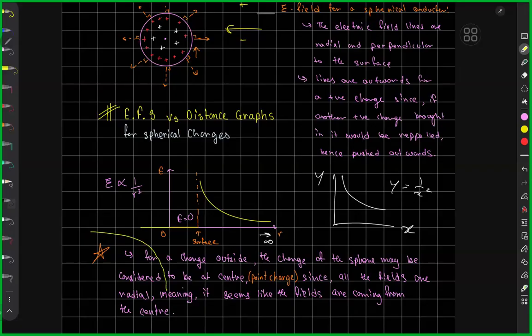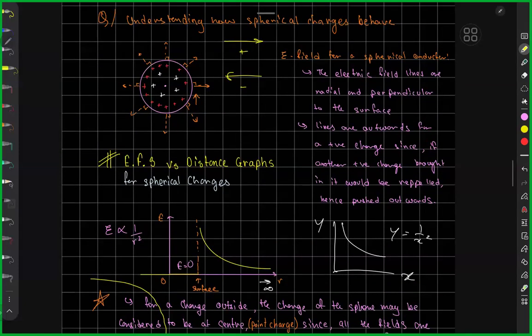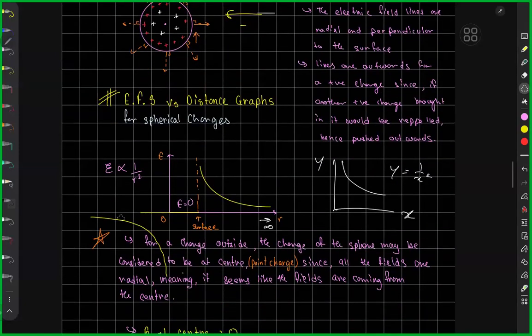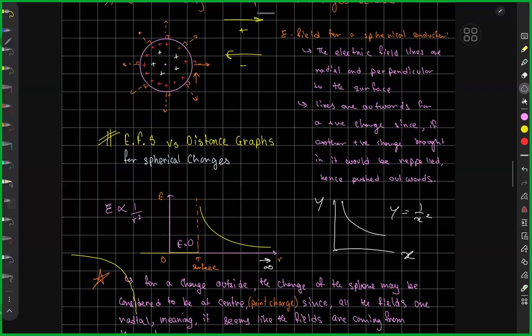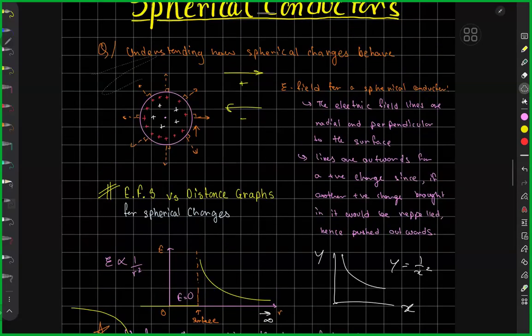Can you tell me why the field curve is on the negative axis on the left side? Why have I drawn the field line on the negative axis for this portion of the field lines?